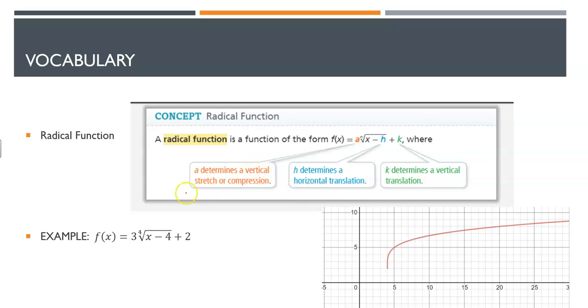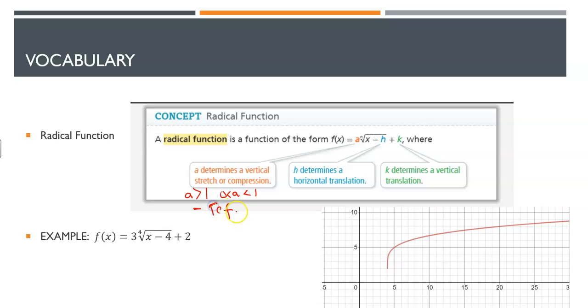And you remember the stretch is when a is greater than 1 and it stretches, goes higher from where it was initially. And then a compression would be when a is less than 1 but greater than 0. And if we have a negative sign in front, we're going to do some reflection.